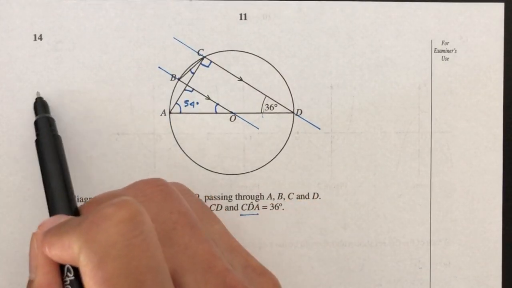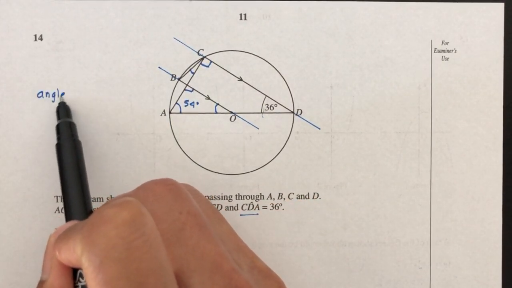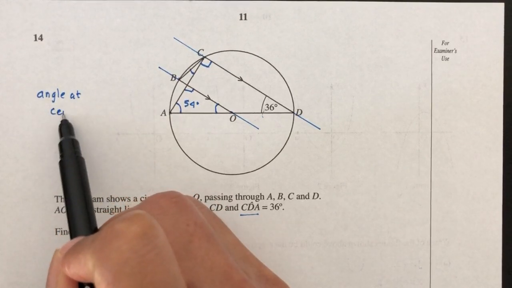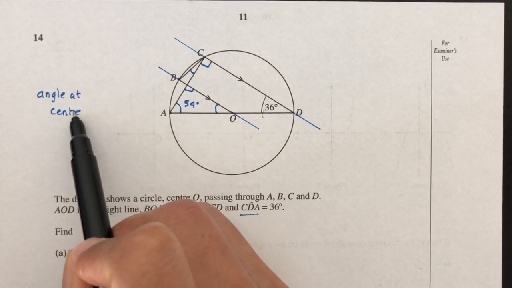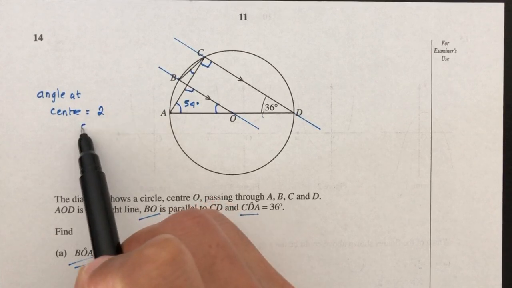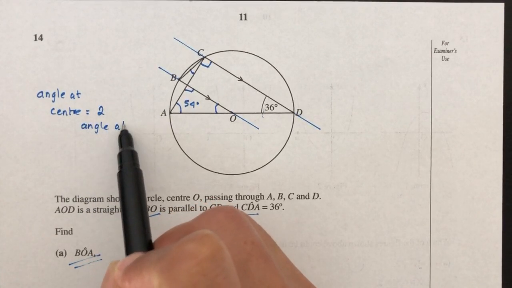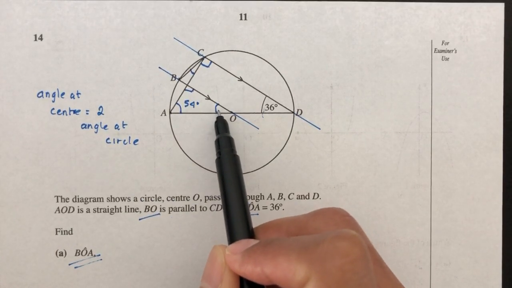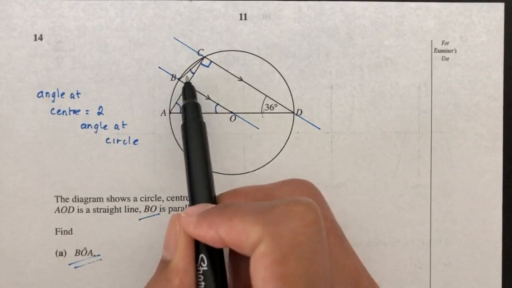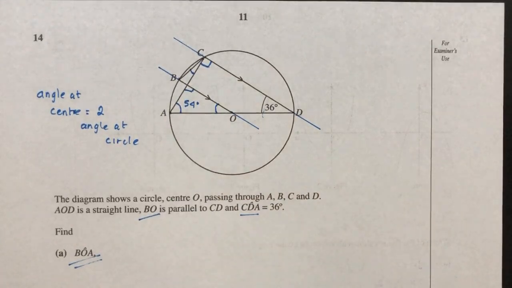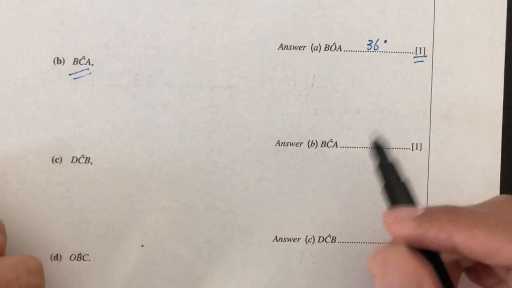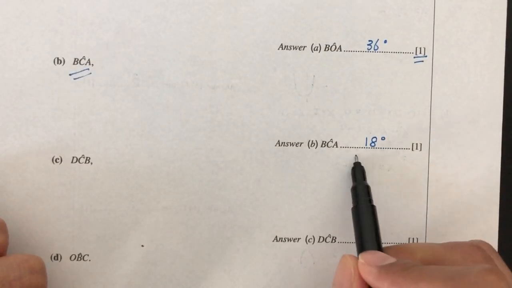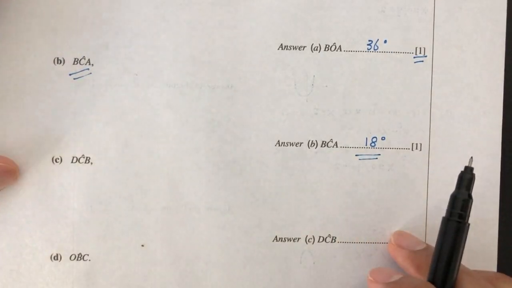As you know, angle at center is always equal to twice angle at circumference. If this is equal to 36, it will be twice the angle at circumference, so it will be 18. So angle BCA will be 18, by using circle theory.